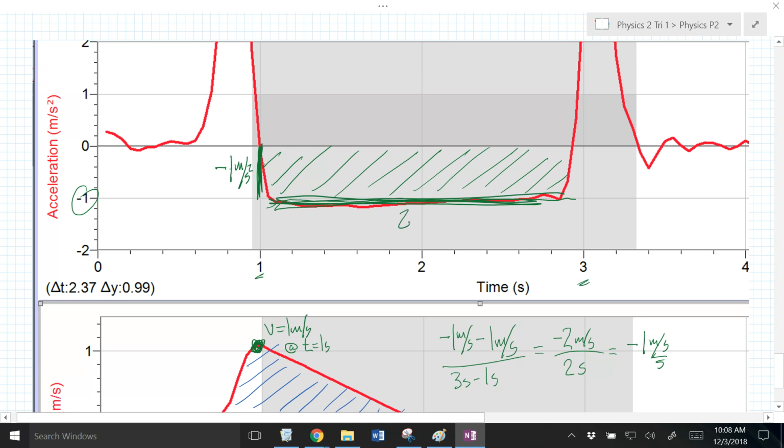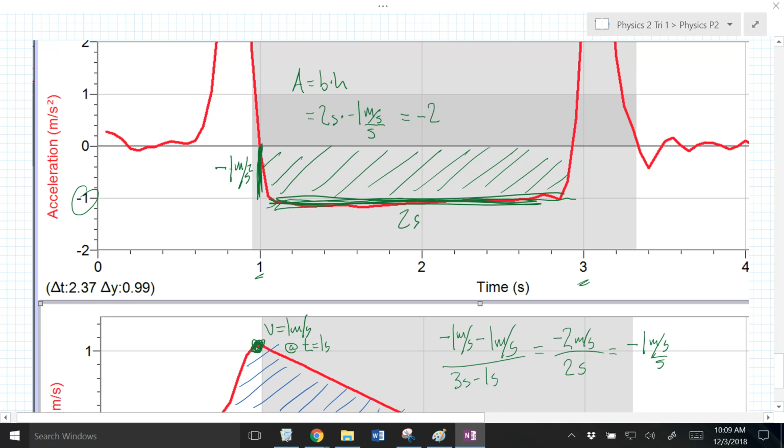So the base of this rectangle is 2 seconds. So if you're calculating the area, you're going to have 2 seconds times -1 meter per second squared. Mathematically, that's going to be -2.